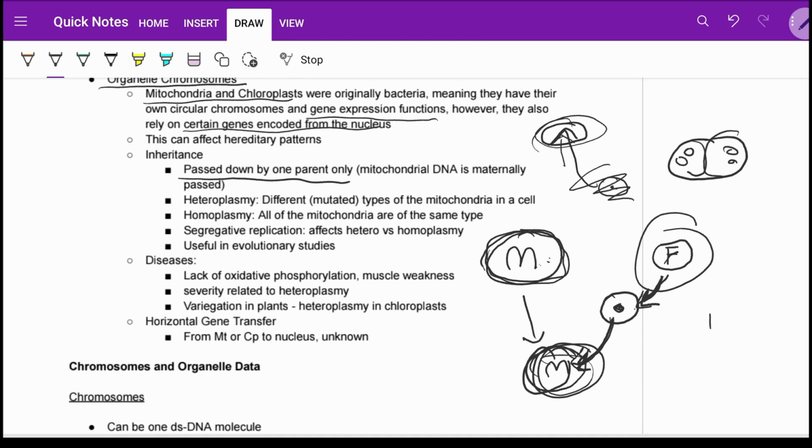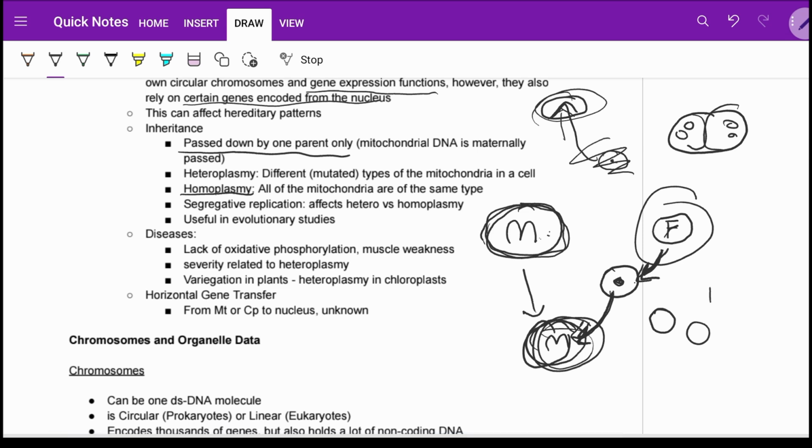And sometimes you can get, quote, a bad mitochondria and a good mitochondria. Depending on how much bad versus good there is, it will increase the severity of your disease. And homoplasmy is when they're all the same. And segregated replication is what I just described here, where they're split off.